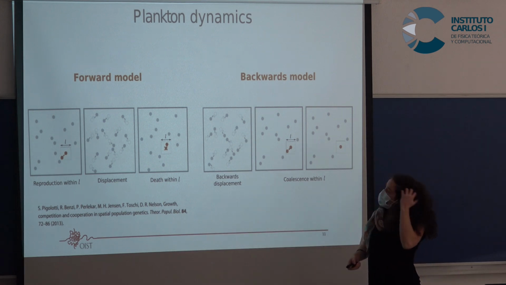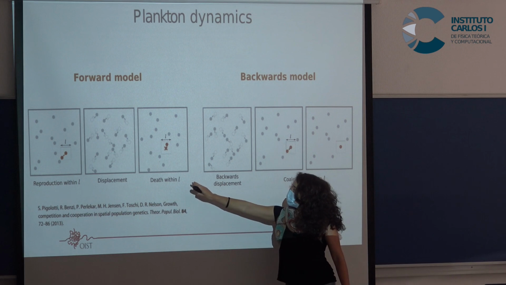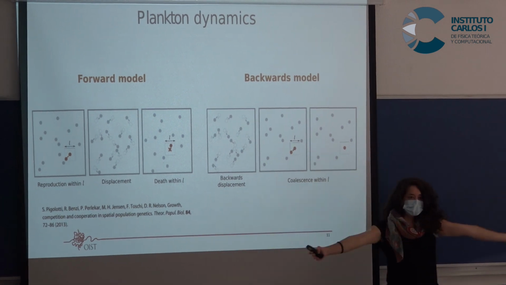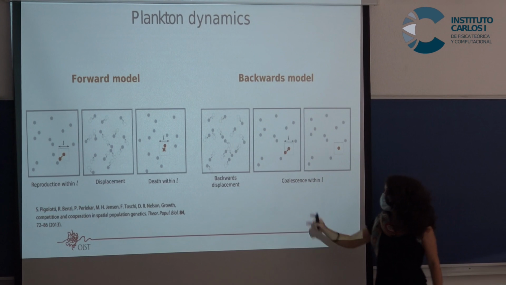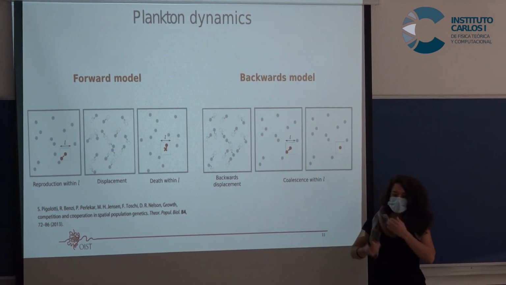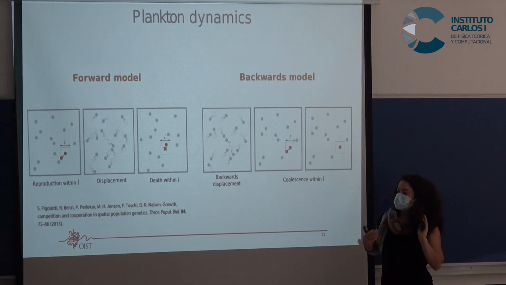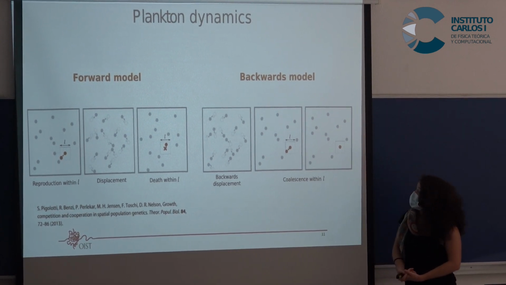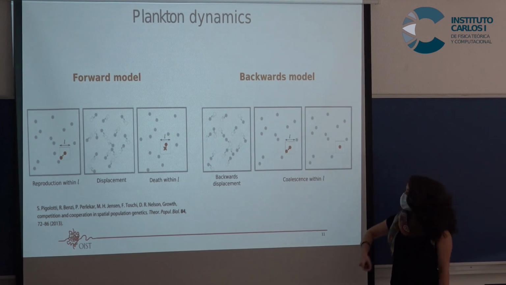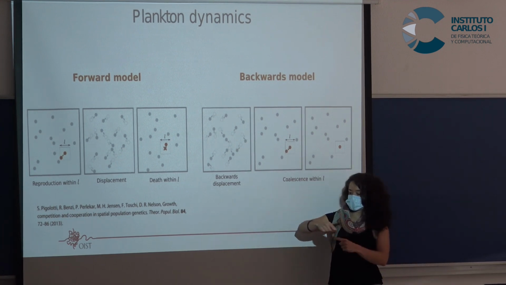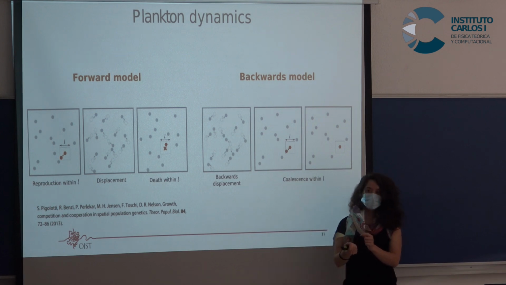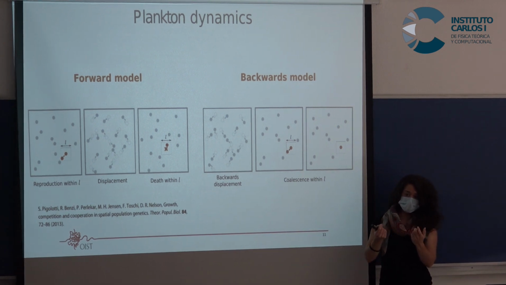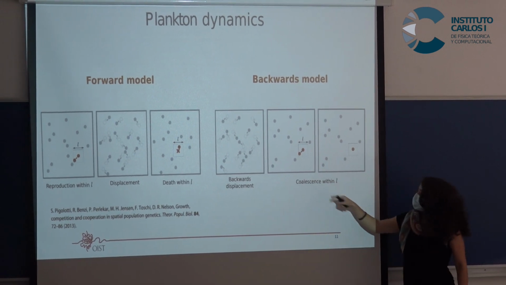The problem, as I said, is that you need to simulate the whole community. That is huge. So to avoid that and do a more computationally optimal simulation, and to be able to do this simulation at all, you do a backward model, so from the sample backwards in time. Again, you have displacement or diffusion, going backwards in time, and what we call coalescence.